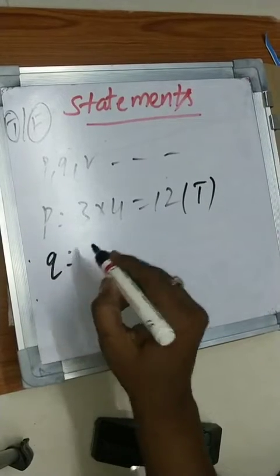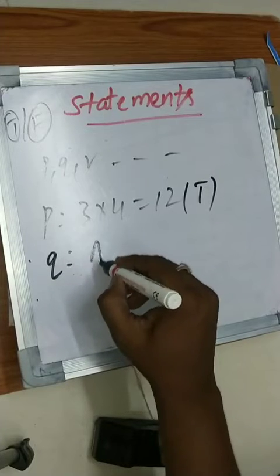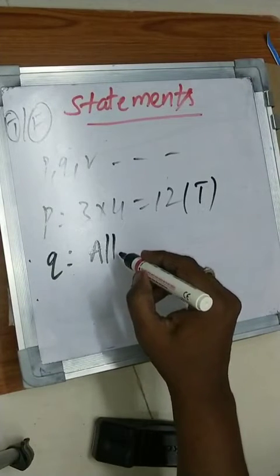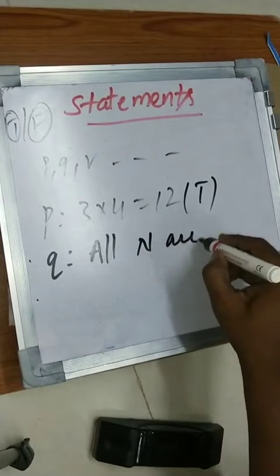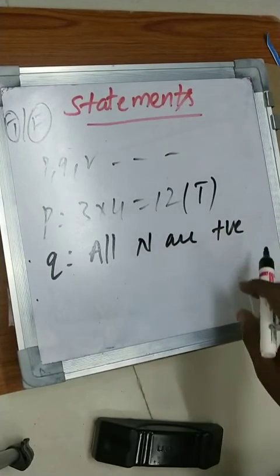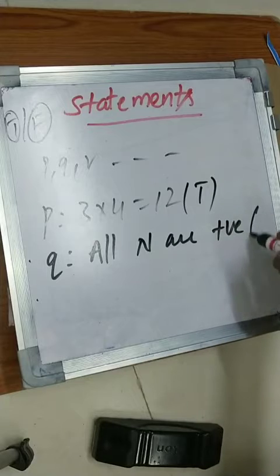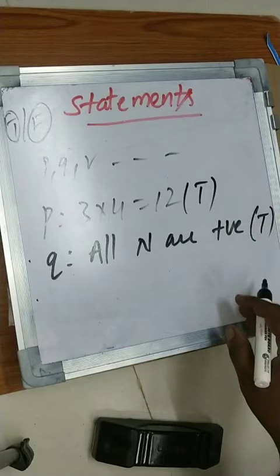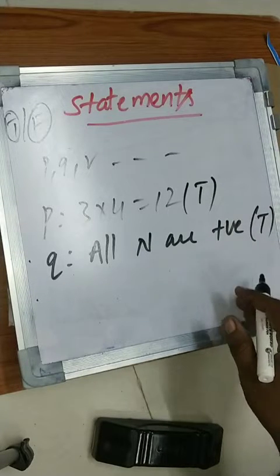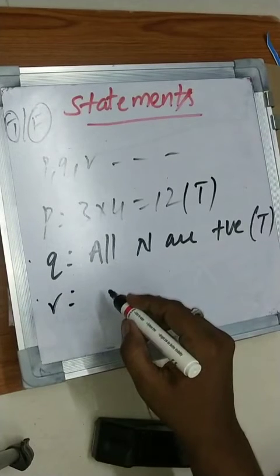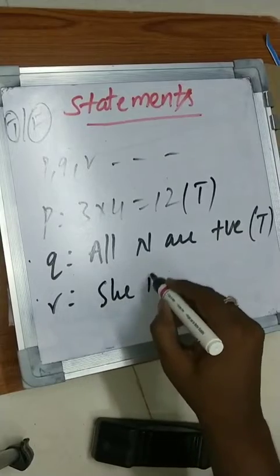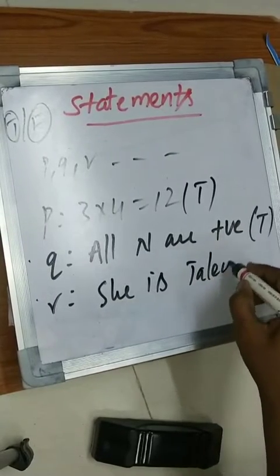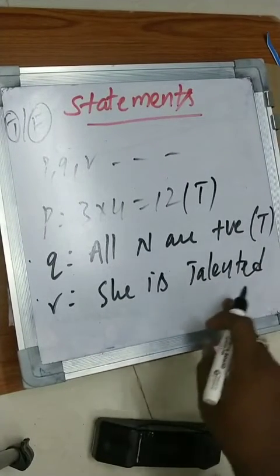Let's suppose q is the statement: all natural numbers are positive. So it is also a true statement, right? Let's take one more statement, r: she is talented. What is the truth value of this?